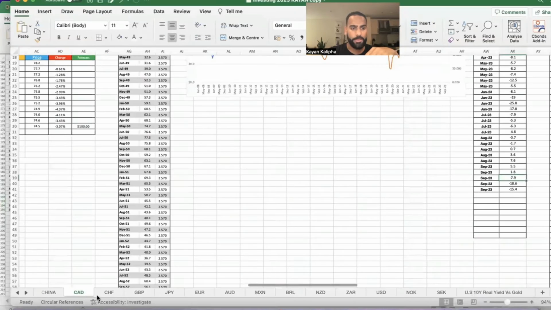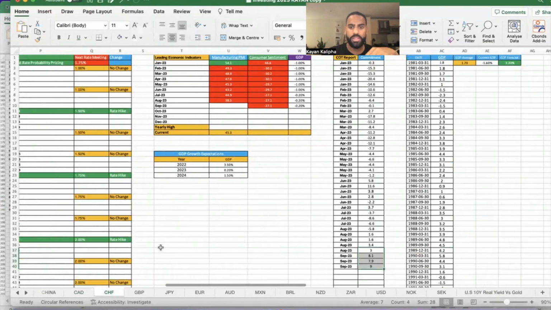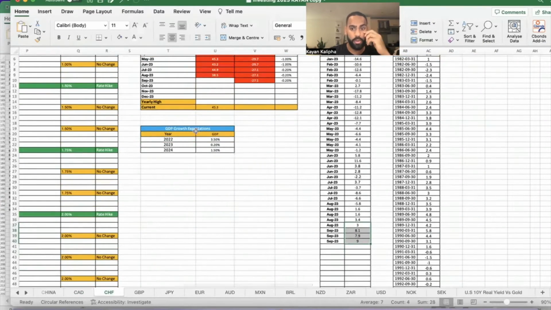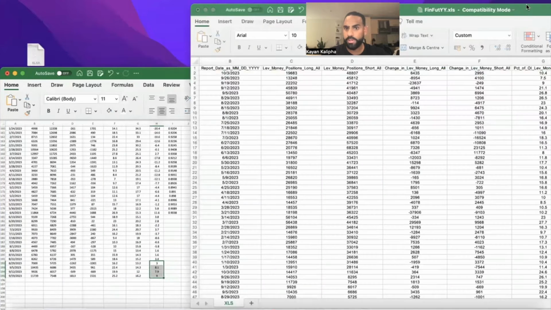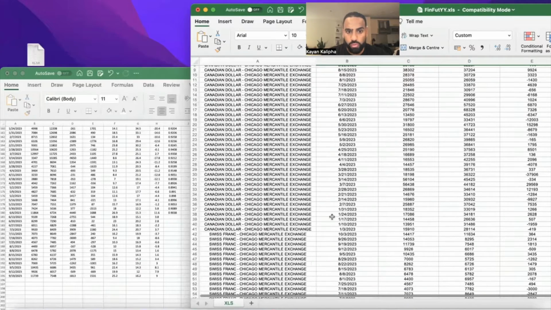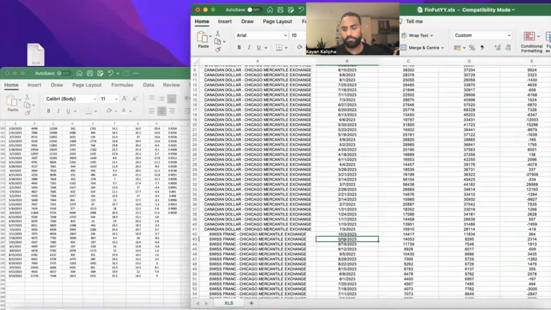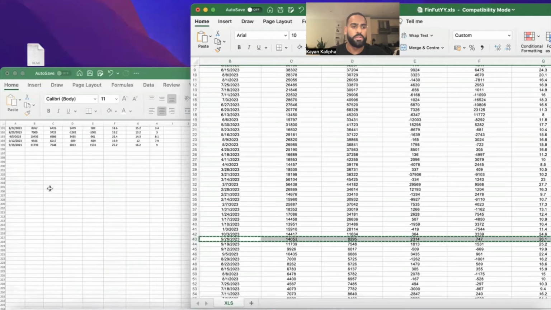So now let's look at the Swiss franc. Okay, what are markets doing with the Swiss franc currently? All right, let's have a look. Okay, let's continue to build out our spreadsheet. Swiss franc.